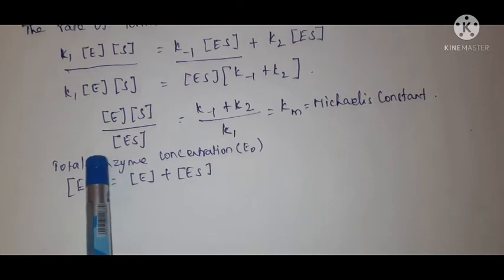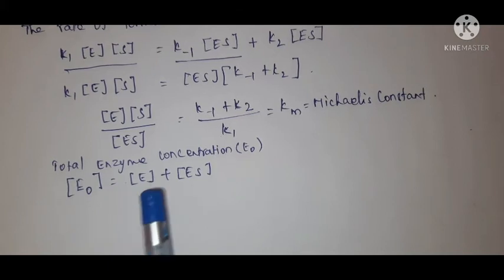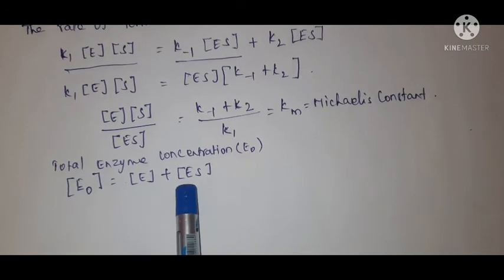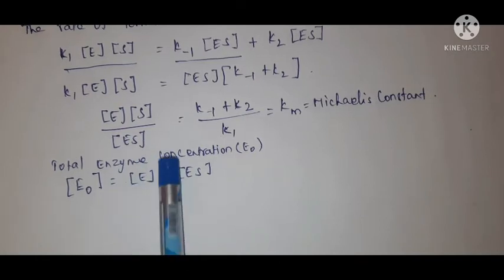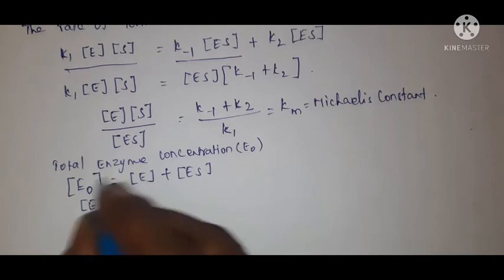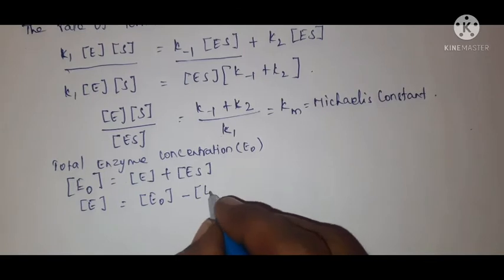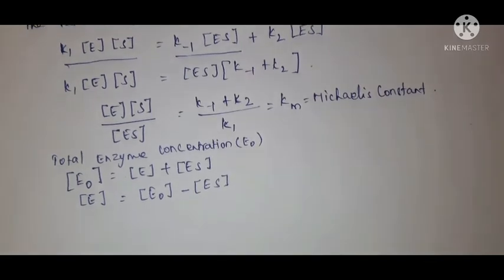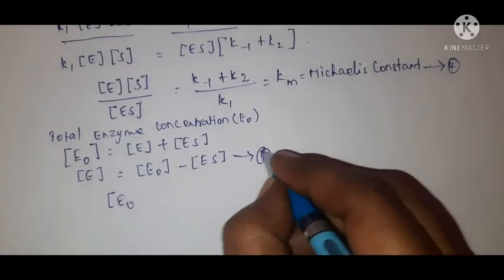So if you want to calculate total enzyme concentration, you have to sum up free enzyme and the concentration of enzyme substrate complex. From this you can calculate the concentration of free enzyme. So the concentration of free enzyme is equal to total enzyme concentration minus enzyme substrate complex. Consider this is your equation number 4 and this is your equation number 5.